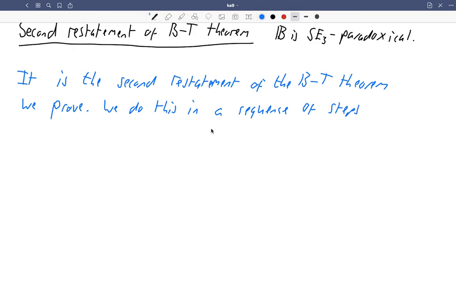And we're going to combine steps using a useful little lemma.